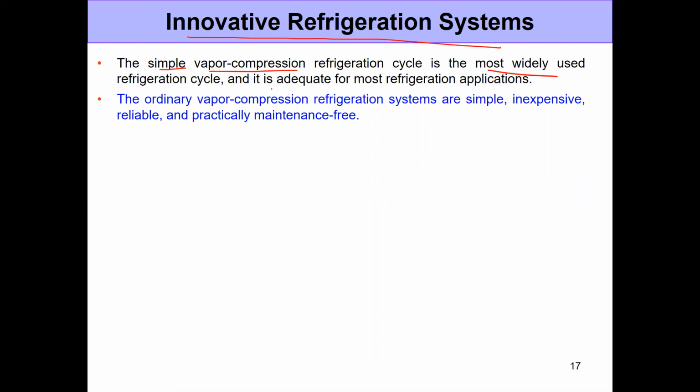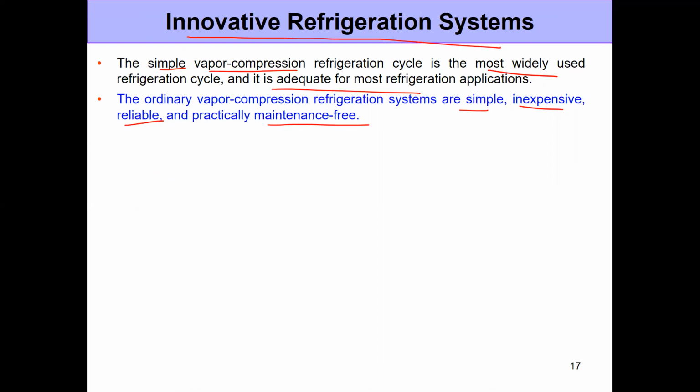And it's more than enough for a lot of refrigeration applications, right? If we talk about domestic refrigeration applications, it does an excellent job. It's really nice in the sense that it's simple, it's inexpensive, it's very reliable, and almost maintenance free, right? I'm sure a lot of us have refrigerators which have been working trouble-free for the last 10 plus years, right? So these are excellent devices.